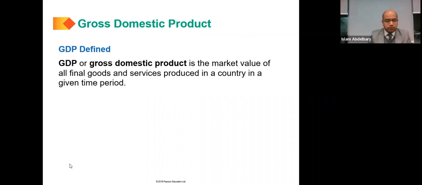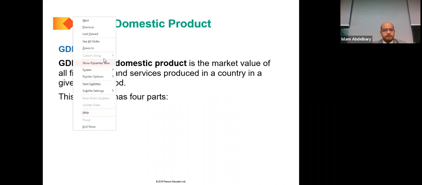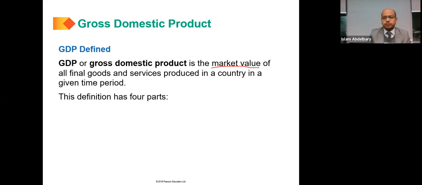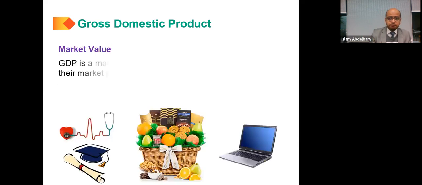Here we need to first know what is market value for final goods and services, within a specific place, within a specific time. So the parts of the definition: market value, final goods and services, specific location, specific country, specific time.